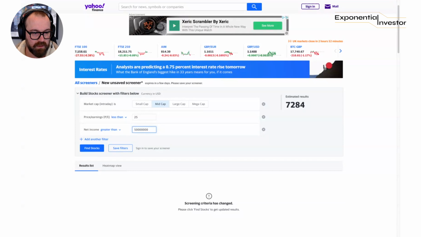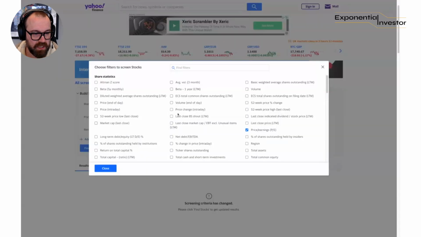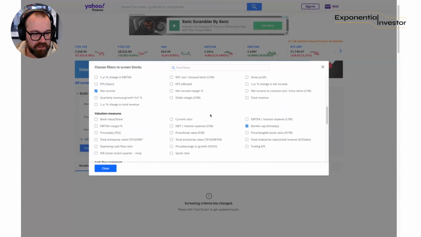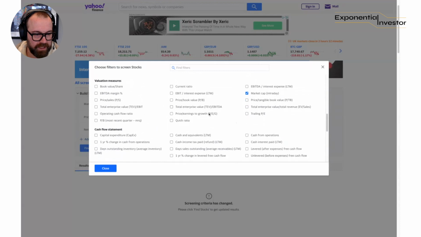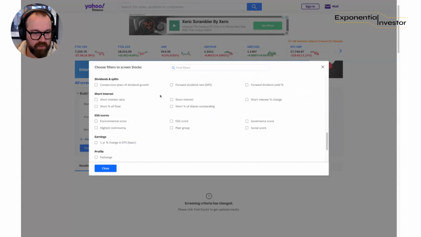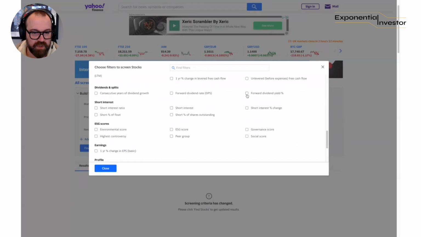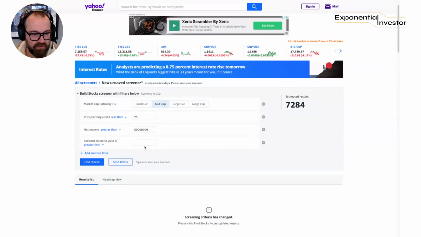Now that's a lot of results, so let's add some more filters. What else have we got here? Something with a dividend, a forward dividend yield. Forward dividend yield greater than, let's say, 3%. Oh, let's make that higher.